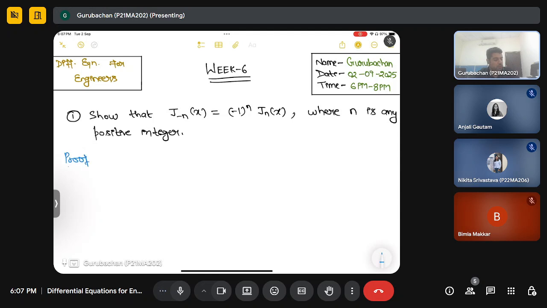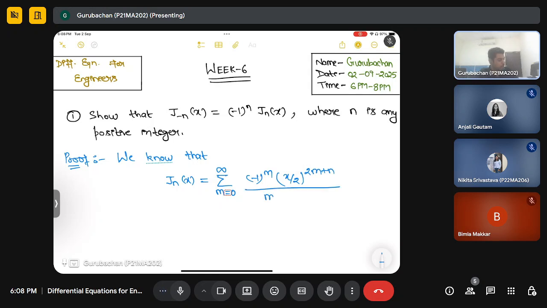Proof: we know that J n x is equal to the series, m from 0 to infinity, minus 1 to the power m, x by 2 to the power 2m plus n, divided by m factorial gamma of m plus n plus 1. This is our definition of J n x.